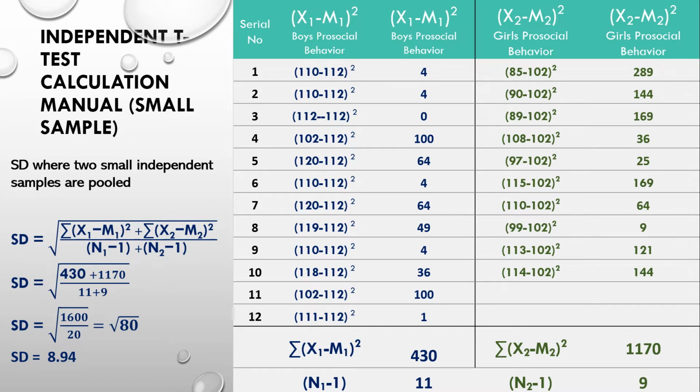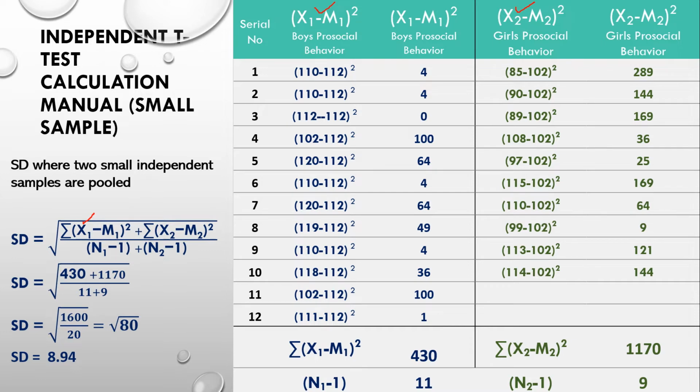The simple formula for the standard deviation is the square root of the sigma of x1 minus mean 1 squared plus sigma of x2 minus mean 2 squared, divided by n1 minus 1 plus n2 minus 1. Here x1 is the sample of boys and x2 is the sample of girls.